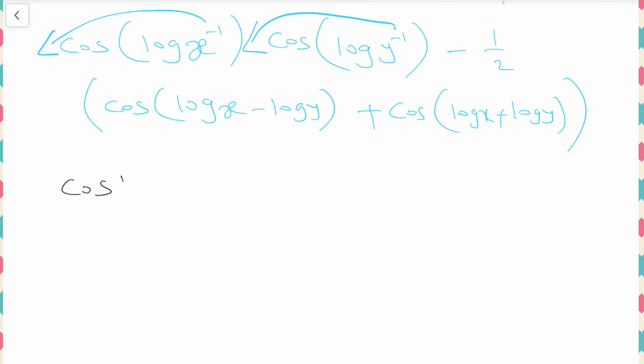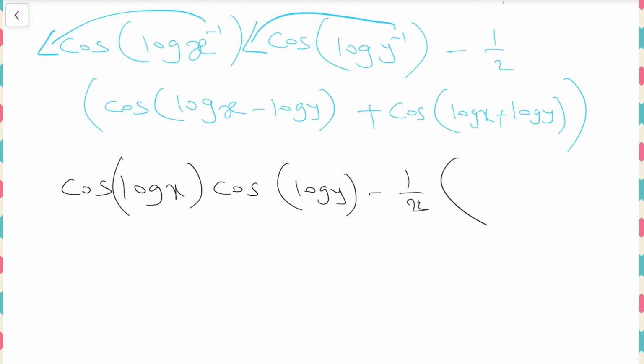Then we can write this as cos of log x into cos of log y minus half into, here cos of log x minus log y is there. Cos of log x minus log y is in the form of cos of a minus b.